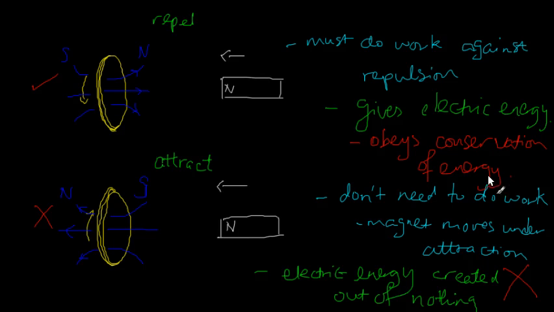So we have a very important result down here. We have a way to tell the direction of this current that is induced, or the direction of the voltage, because they would be the same. If the current goes in this direction, the voltage also goes in this direction. So we have a way to tell the direction of this current and voltage.